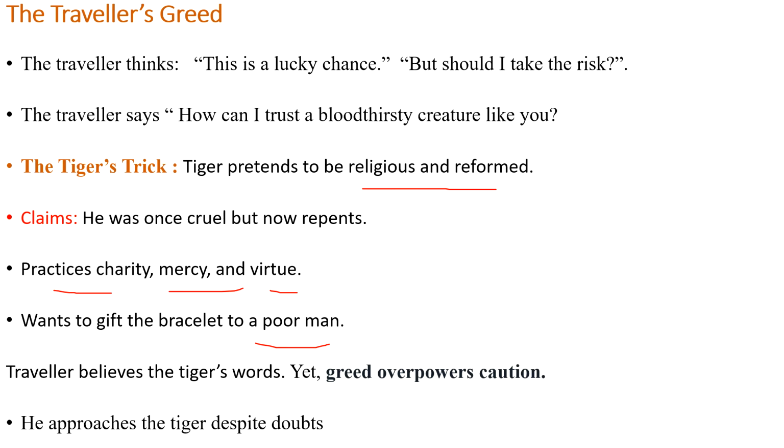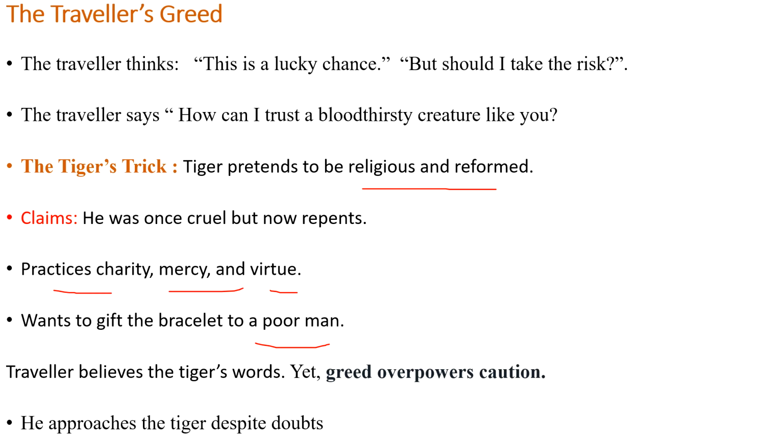The tiger wants to give the golden bracelet to the poor man. Then the traveler believes the tiger's words. So the tiger lures and traps the traveler. The poor man believes the tiger's words.